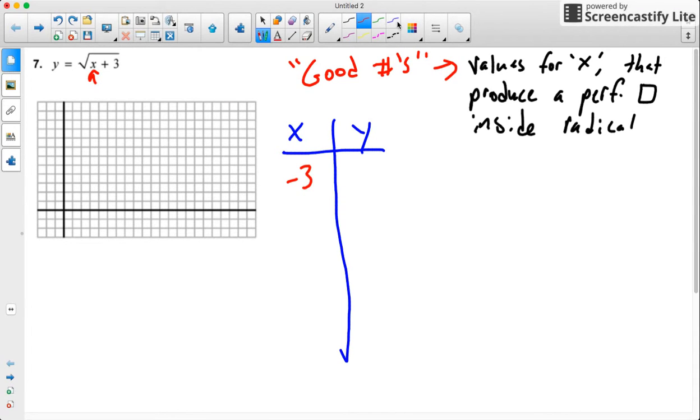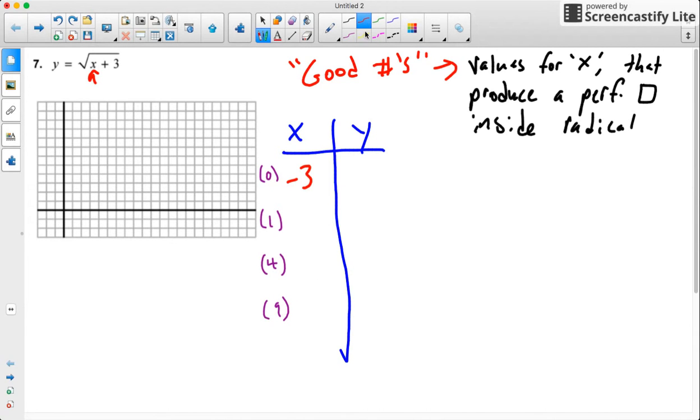And I think what I'll do over on the side here is I'm going to write what my desired radical is. So this is like my 0. My next perfect square is going to be whenever a 1 is underneath the radical. My next perfect square will be a 4, and then finally I want to find what good number will give me a 9 under that perfect square.